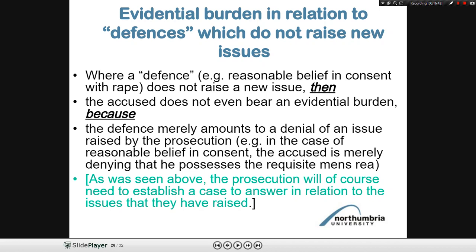For example, in the case of a reasonable belief in consent, the accused merely denies that the mens rea required is present. As was seen above, the prosecution will of course need to establish a case to answer in relation to the issues that they have raised.